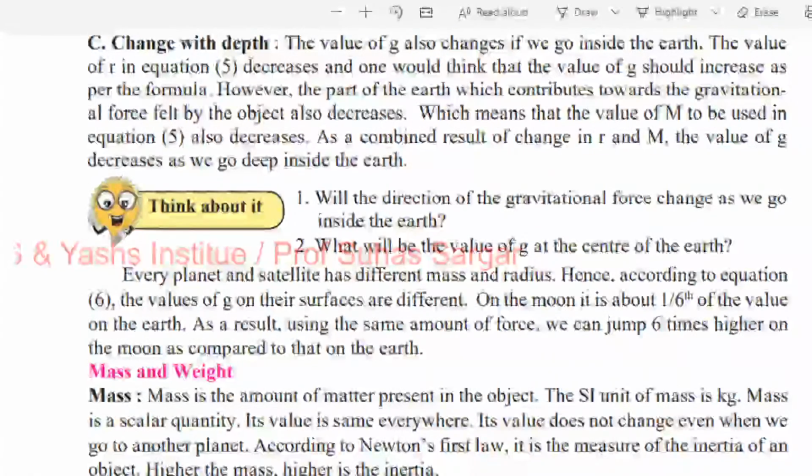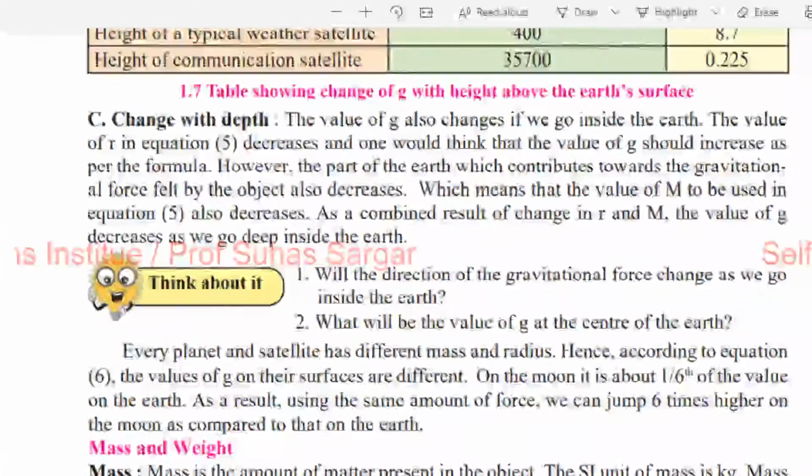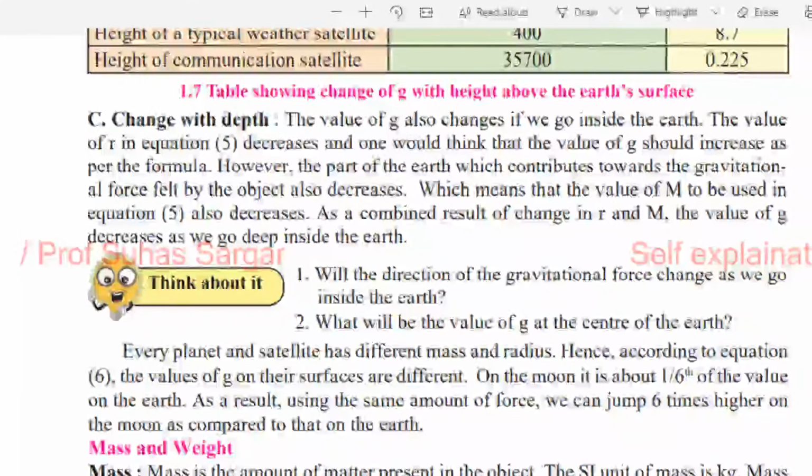Next topic is the change with the depth. The value of small g also changes if you go inside the Earth. The value of small r in equation 5 decreases, and one would think that the value of small g should increase as per the formula.